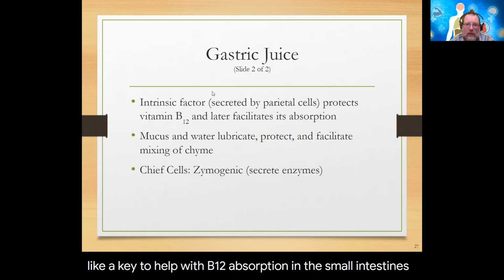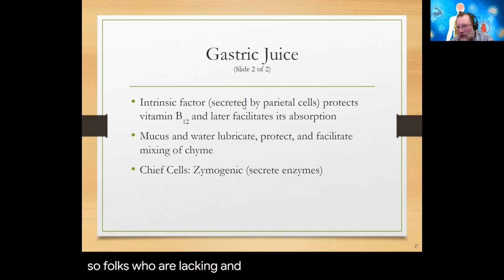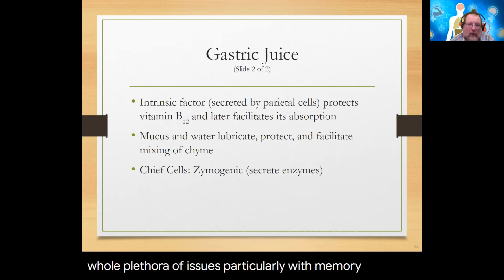So folks who are lacking intrinsic factor from the parietal cells of the gastric wall are going to maybe have problems with the absorption of vitamin B12, and that could lead to a whole plethora of issues, particularly with memory, with muscle coordination.